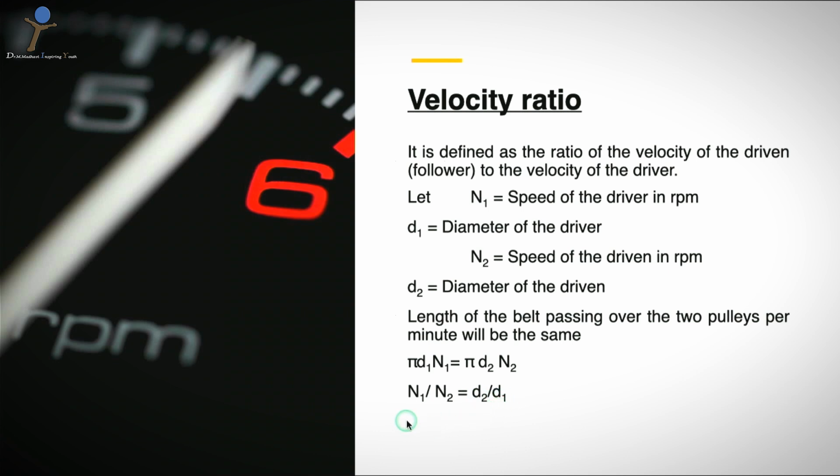That means the speeds are inversely proportional to the diameter of the pulleys. The smaller diameter pulley will rotate with a high speed, and the bigger diameter pulley will rotate with a low speed. So, this is the ratio for the belt pulley system.